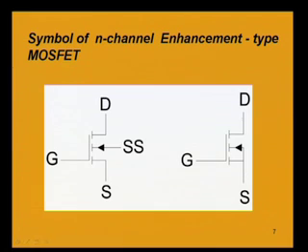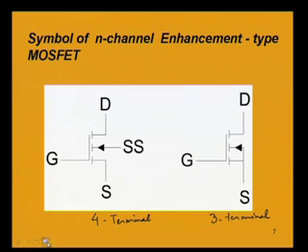So, this is a 3 terminal, but here it is a 4 terminal. So, this case is 4 terminal and this case is 3 terminal. So, this is the symbol for the N channel enhancement type MOSFET.